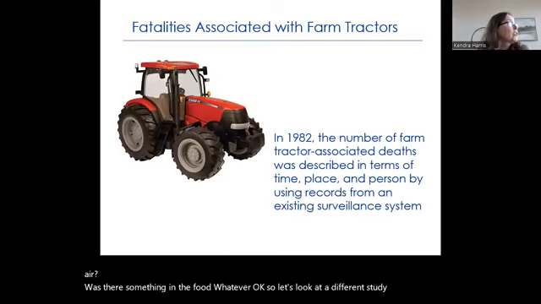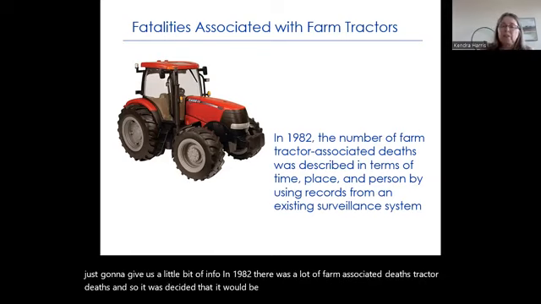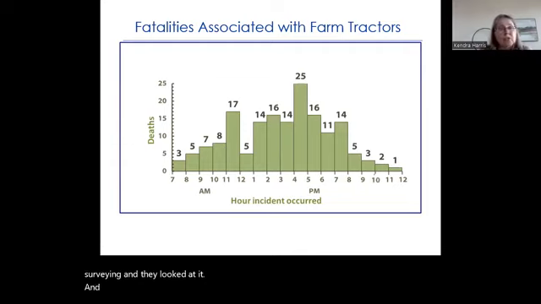Okay, so let's look at a different study now. This one's just going to give us a little bit of info. In 1982, there were a lot of farm-associated deaths, tractor deaths, and so it was decided that it would be studied. They started doing surveying, and they first asked when this is occurring.